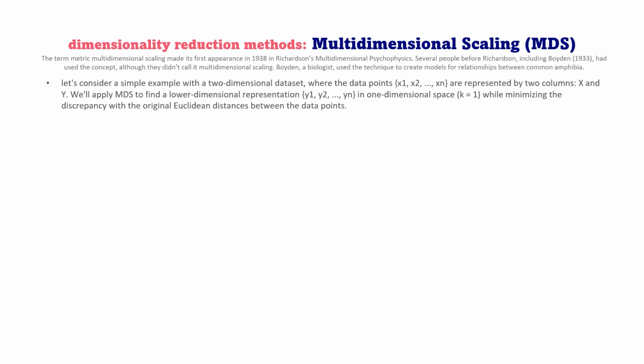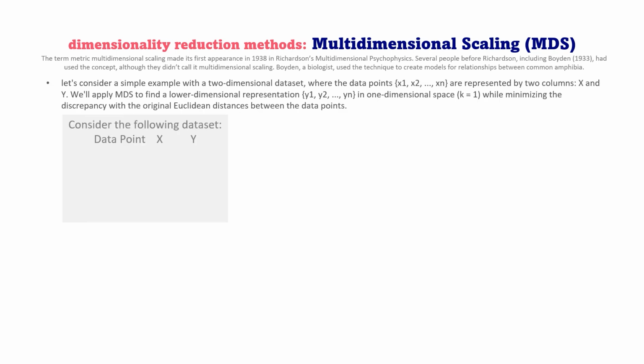So now it's time to see one example so that we can have a clear cut understanding of how multi-dimensional scaling works. Just to understand the mathematical aspect, I'm going to give you one example. Let's consider a simple example with a two-dimensional data set. We have only two dimensions in the data set.